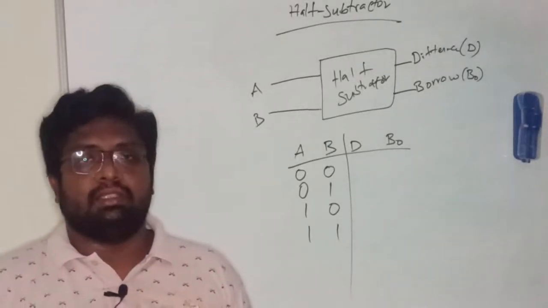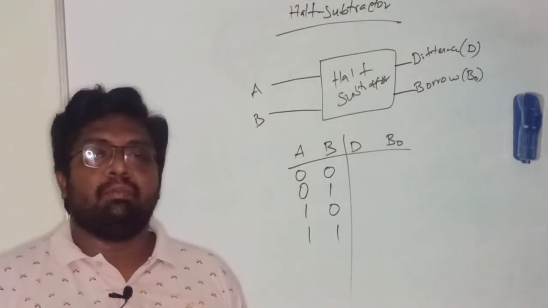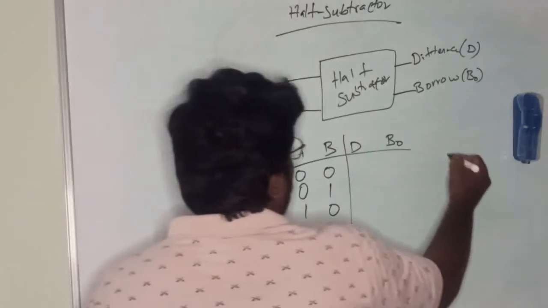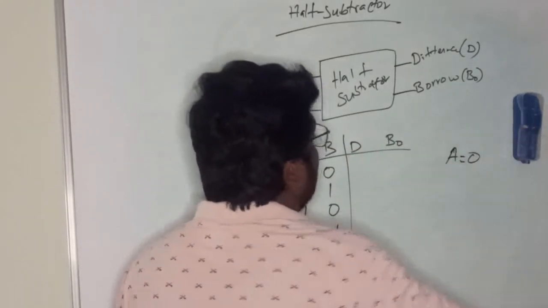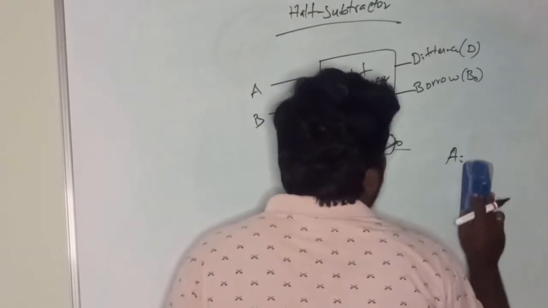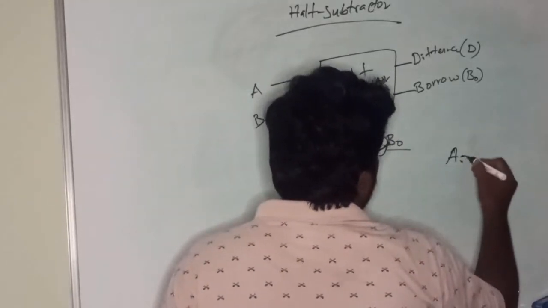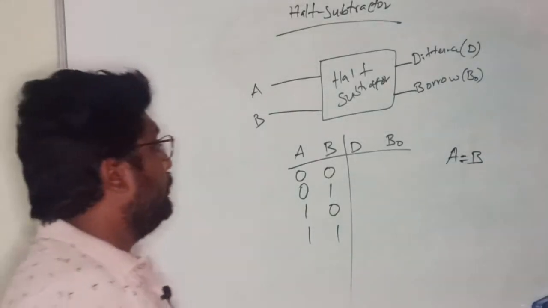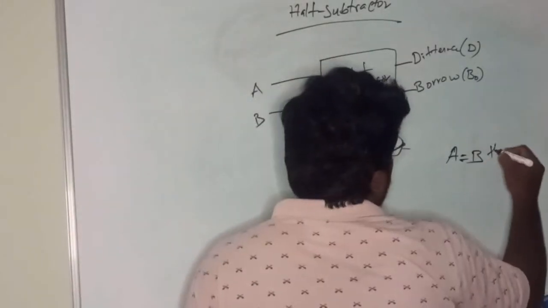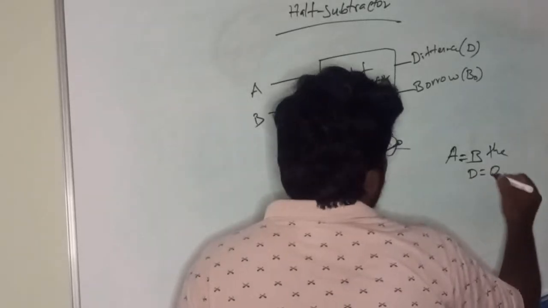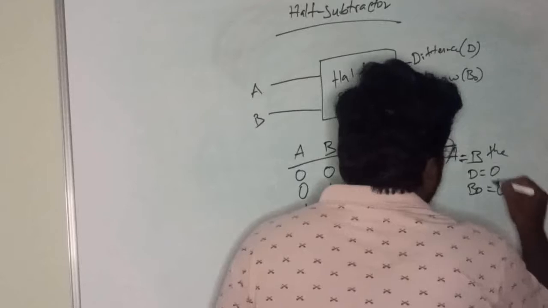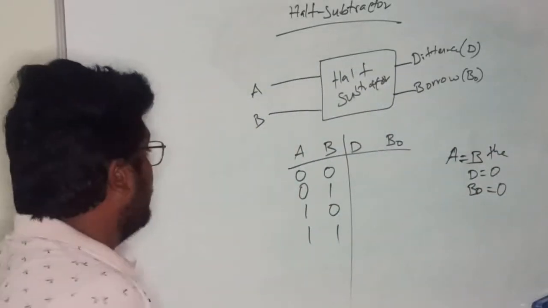When both the inputs are the same, that is when A equals B, then the difference will be 0 and the borrow B naught will also be 0.